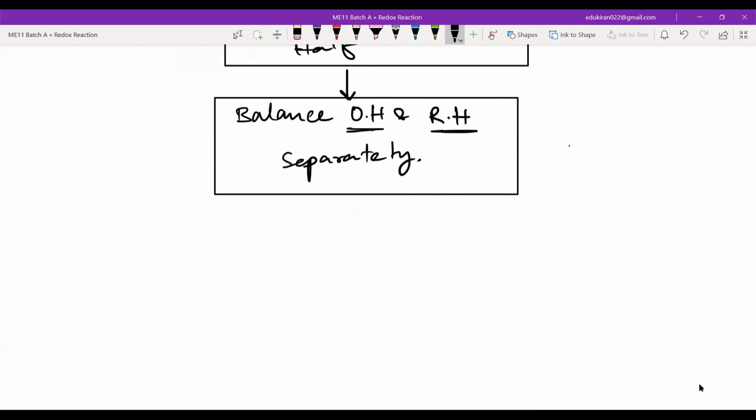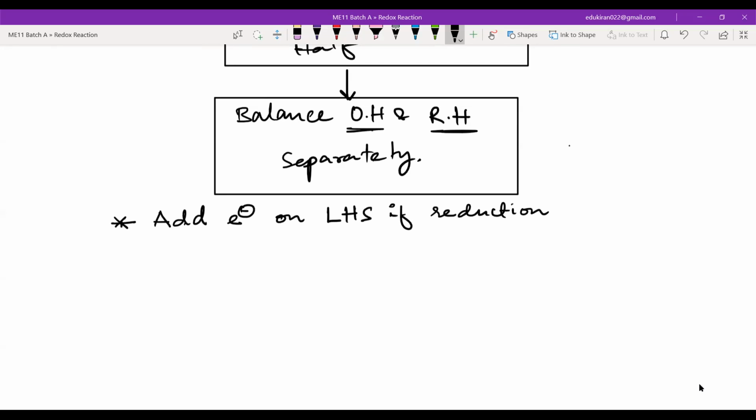It doesn't mean that you will add any number. You don't have a choice to add the number of electrons. The number of electrons will be determined by the change in oxidation number. Okay, so if the change is from +3 to, let us say, +6, that means you are having an oxidation, and it will be happening with a loss of 3 electrons. So add electrons means you have to add the appropriate number of electrons.